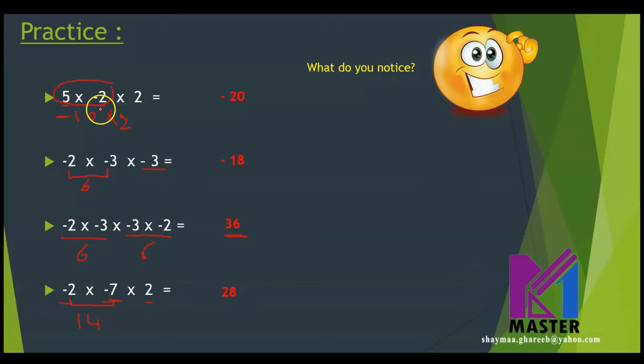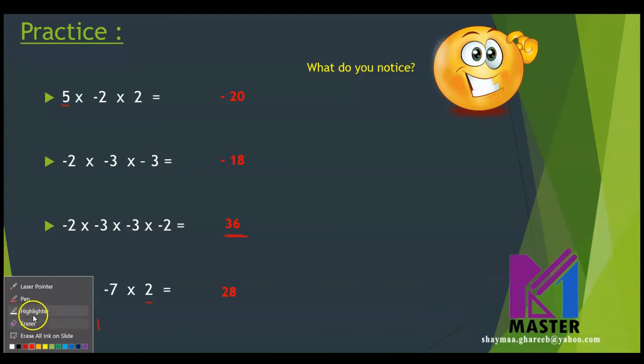In the first sentence, we have only one negative number. The answer is a negative number. In the second sentence, I have 3 negative numbers.